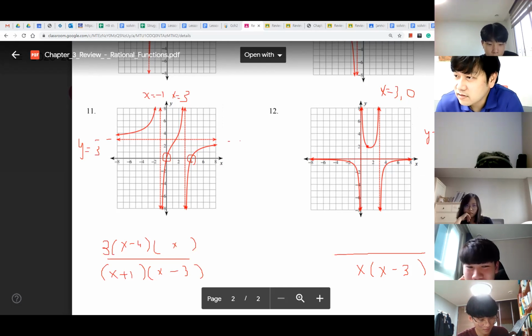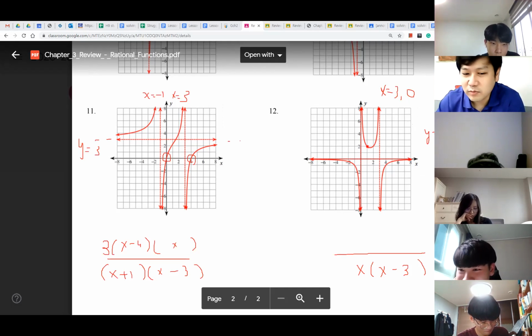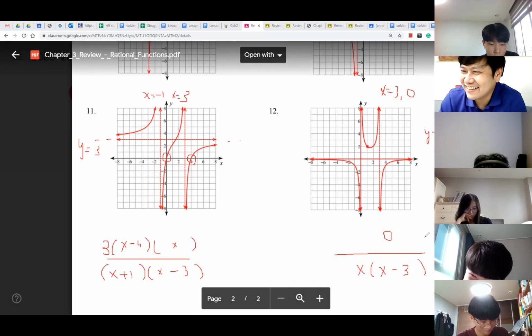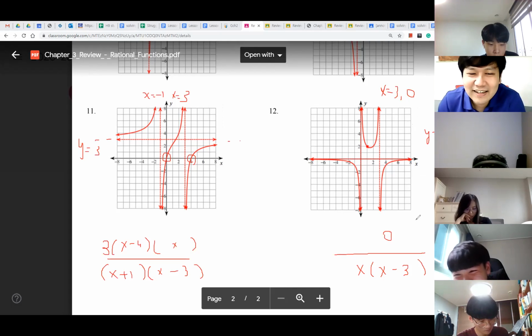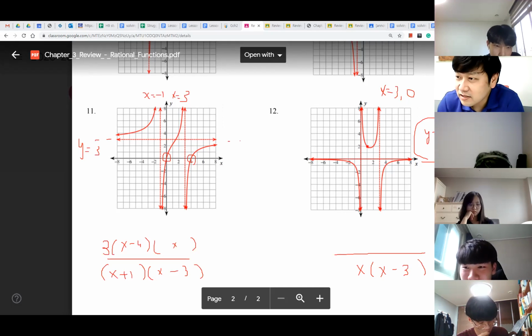No, we put 0 in the numerator? No, this means the degree of the denominator is bigger. Bigger than what? The numerator. The degree of the numerator. Okay?